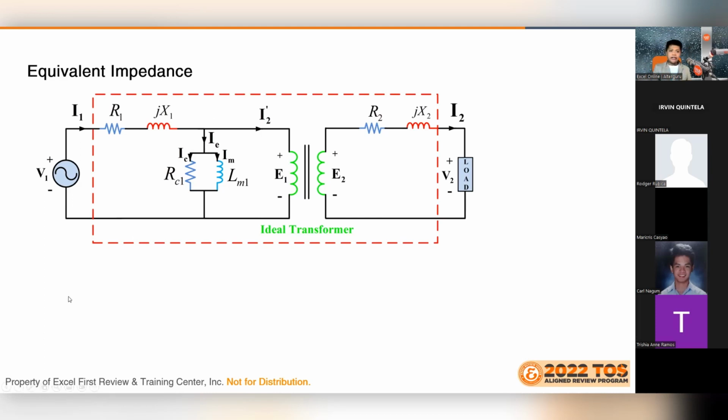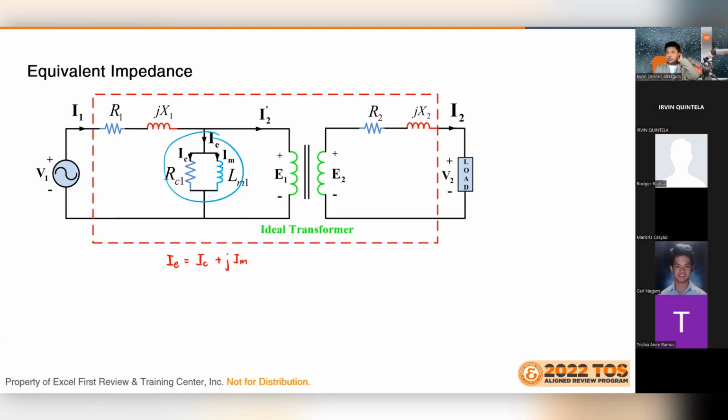What was your IE there? Yung IE yung kaninang sinasabi natin na current at no load. Okay? So ngayon, the IE has two components. The small copper loss IC plus JIM. Ang IM is the magnetizing. Okay po? So, okay na tayo dyan.